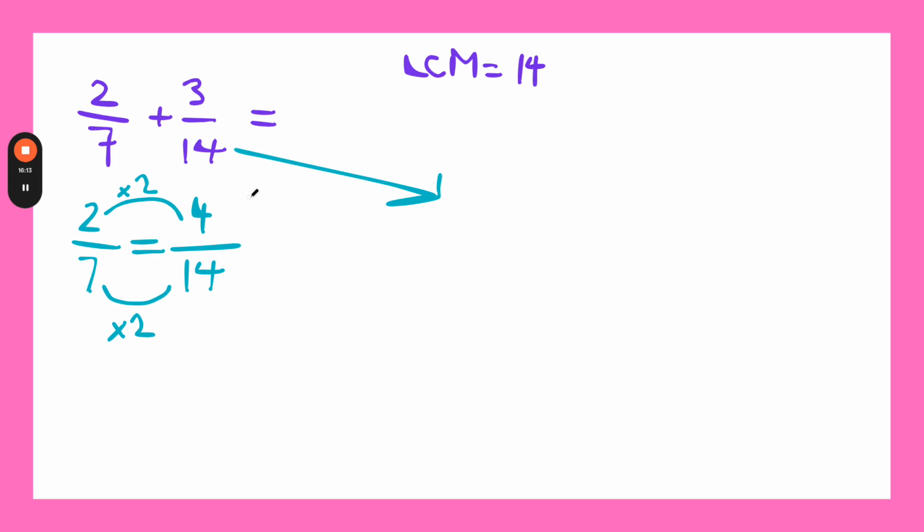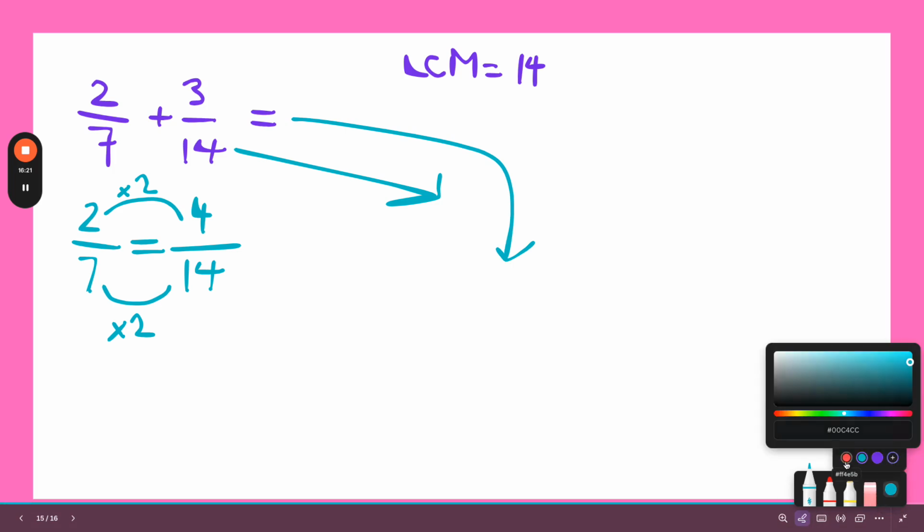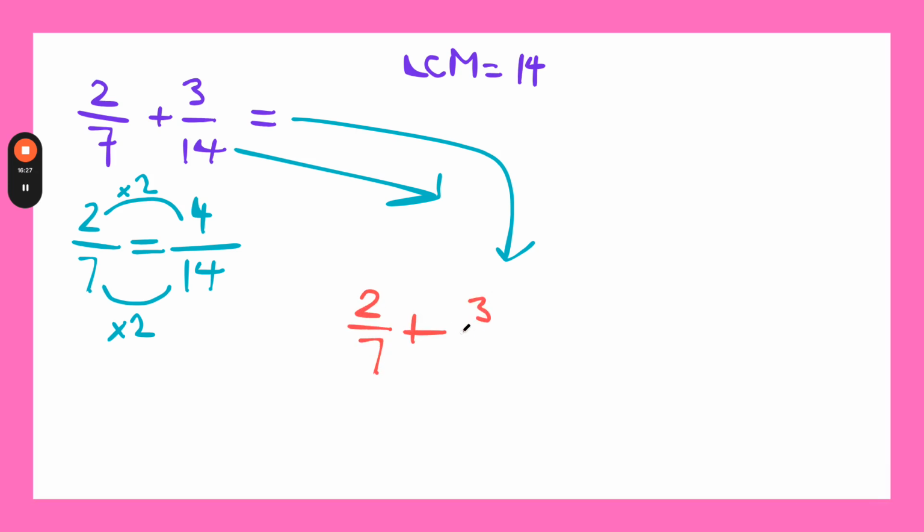So we can now look at this sum as, let's use a different color, 2 over 7 plus 3 over 14, which is the same as 4 over 14 plus 3 over 14.